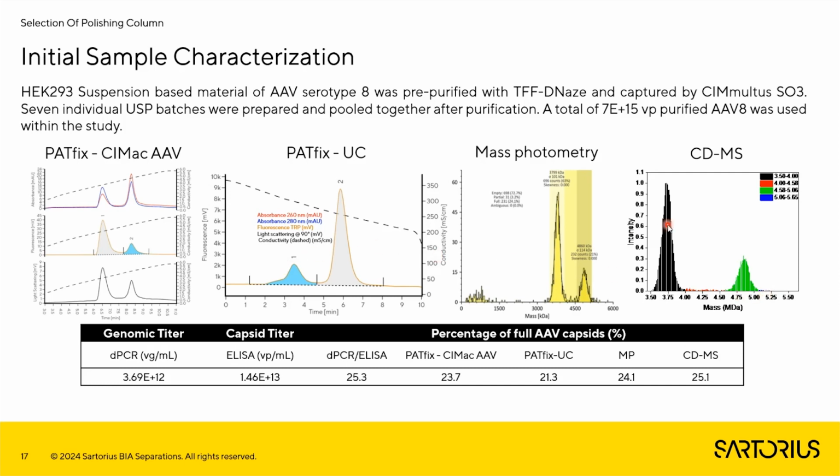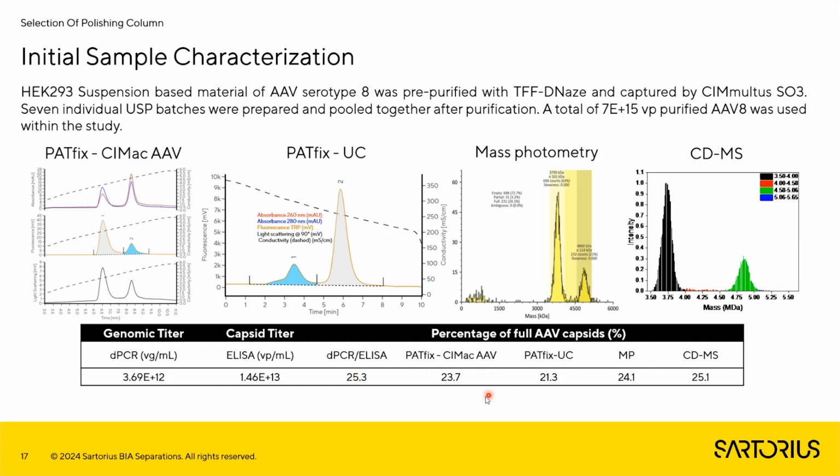Those are all of the graphical representations, but if we put them in a table, and also account for the dPCR and ELISA, we can come to the most commonly used method for empty-full estimation, and this is the ratio dPCR versus ELISA, so genomic titer versus physical titer, and we are averaging around 25.3% of full vector.